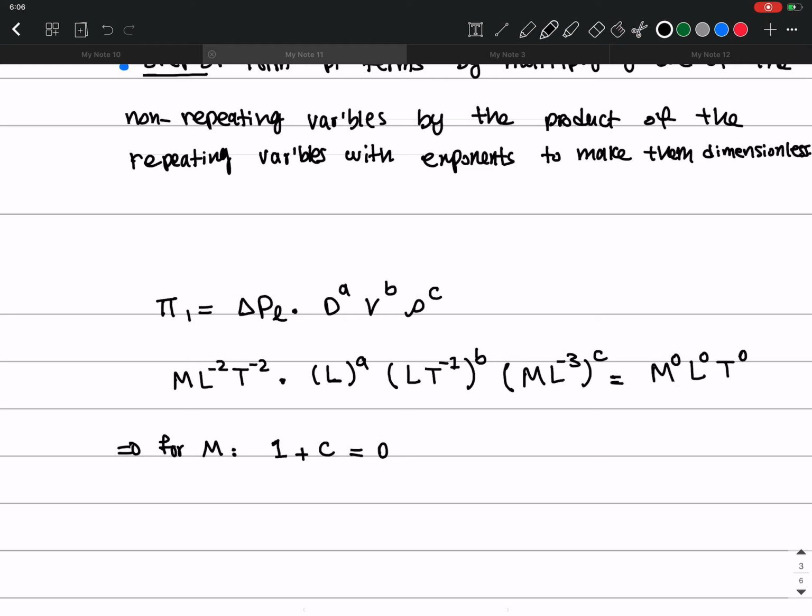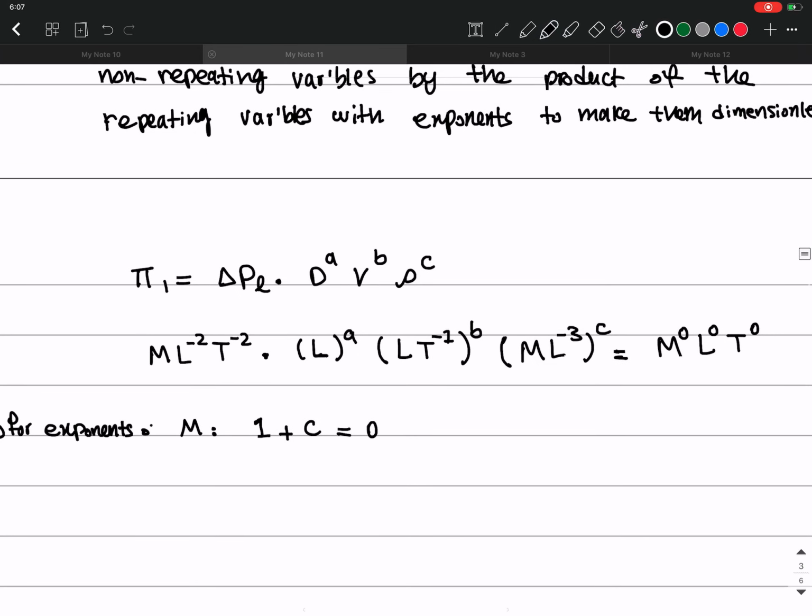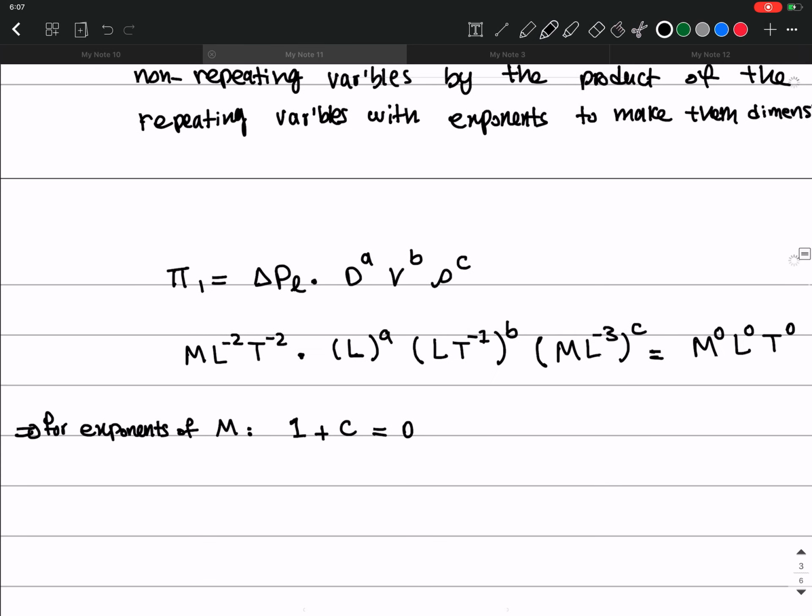I write this for exponents, right? So for exponents of M, let me write it down here. For exponents of M, okay, we have this.